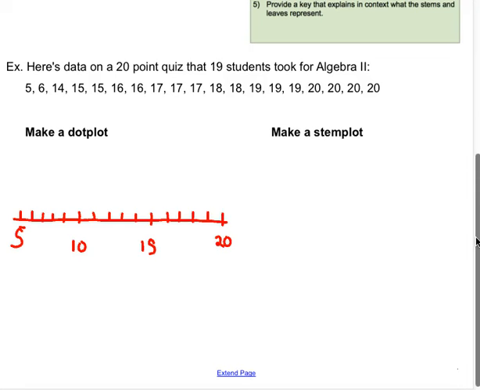So I need to make sure that my dot plot spans from the smallest to the largest value. And now I just start putting the values on. So I have a 5, I have a 6, I have a 14, I have two 15s, I have two 16s, I have three 17s, two 18s, three 19s, and four 20s.